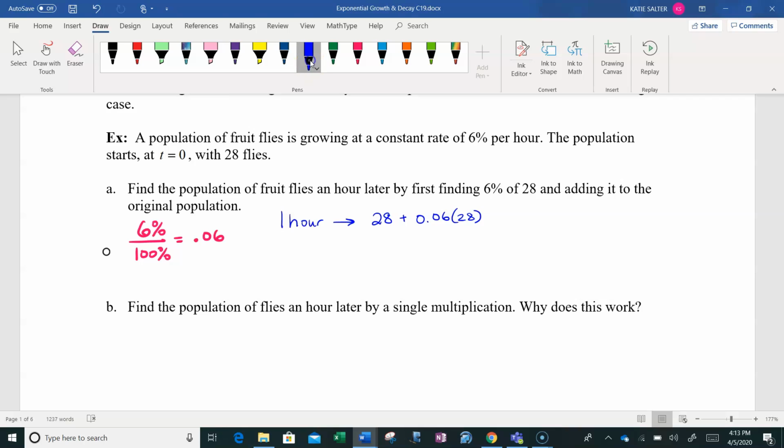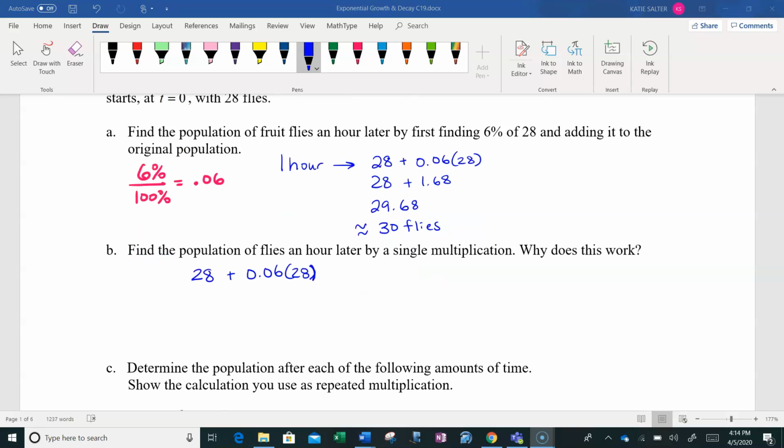If we use our calculator, 0.06 times 28 gives us 1.68. So we put this together and we get approximately 29.68, which doesn't make sense to have 0.68 of a fly, so we'll use rounding rules and say that we have approximately 30 flies.